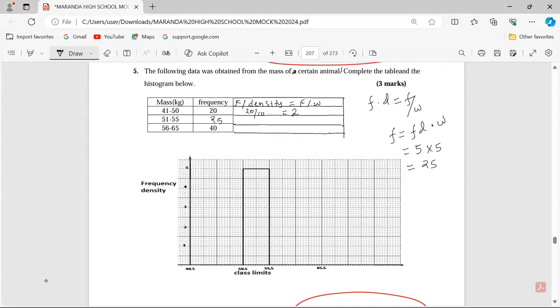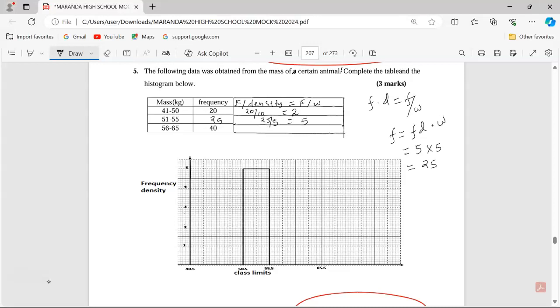And now we are saying there is a class width of 5. So to get frequency density, it's 25 out of 5. That is what resulted in 5 as the frequency density.